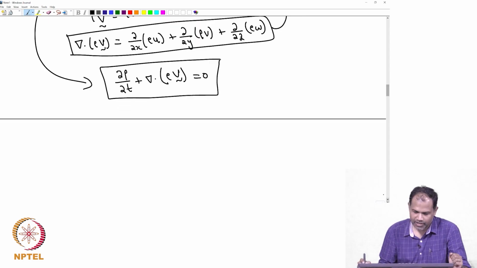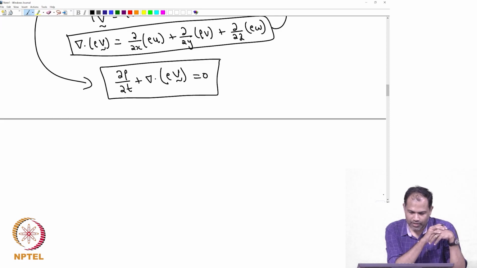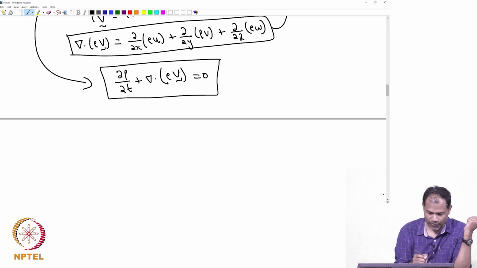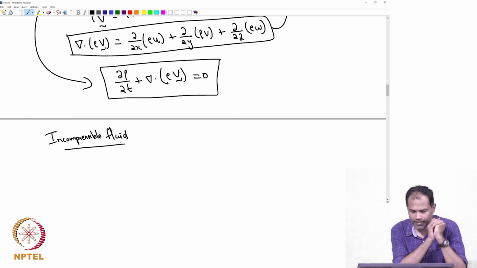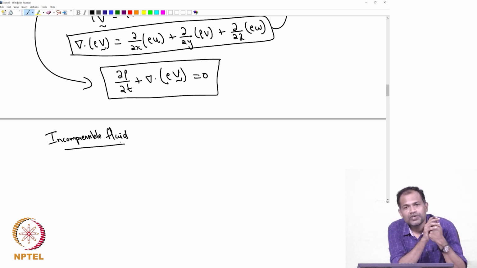Now, at this point, I will talk about an incompressible fluid. Let us assume that rho is a constant.